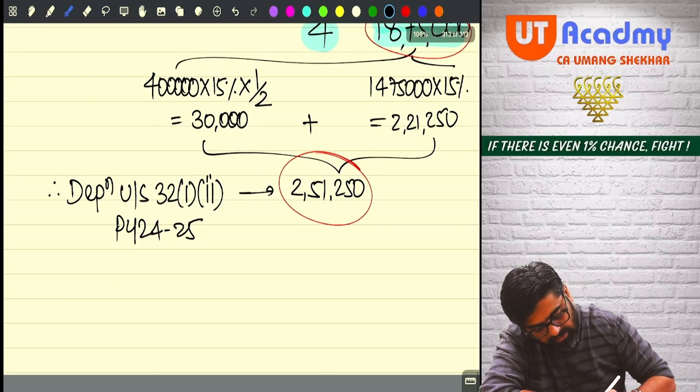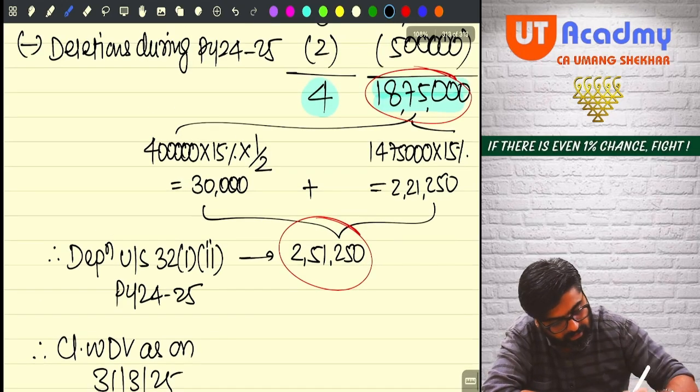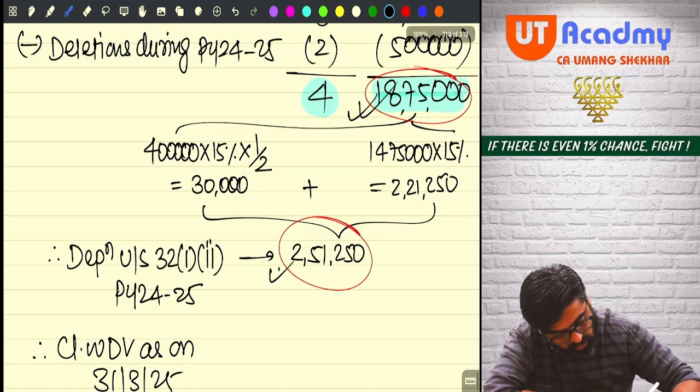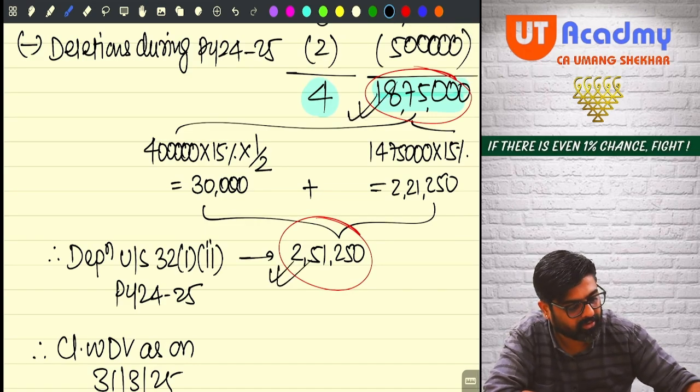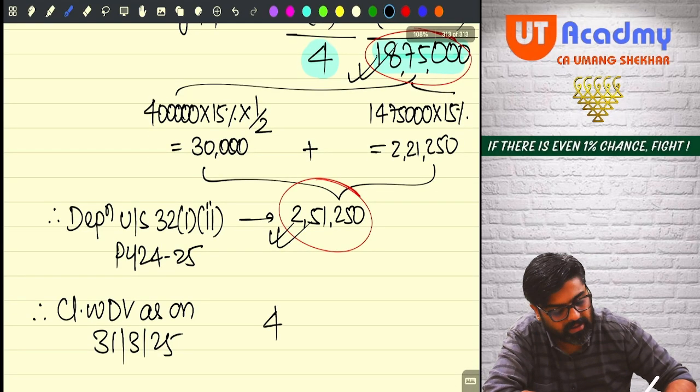So therefore, can I say the closing WDV as on 31st March 2025 will be nothing but 18,75,000 minus 2,51,250. Yes or no, friends?